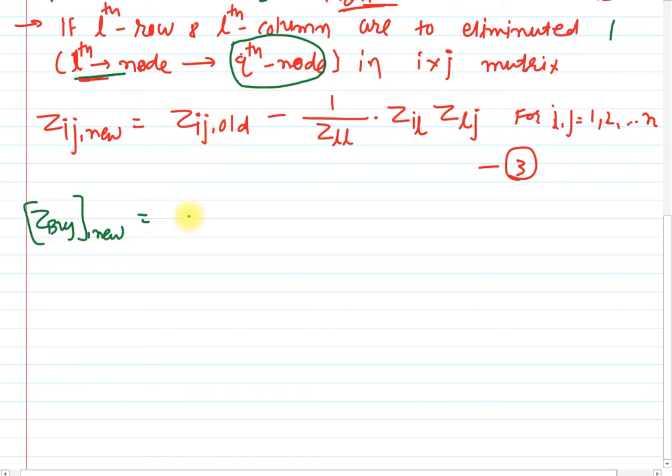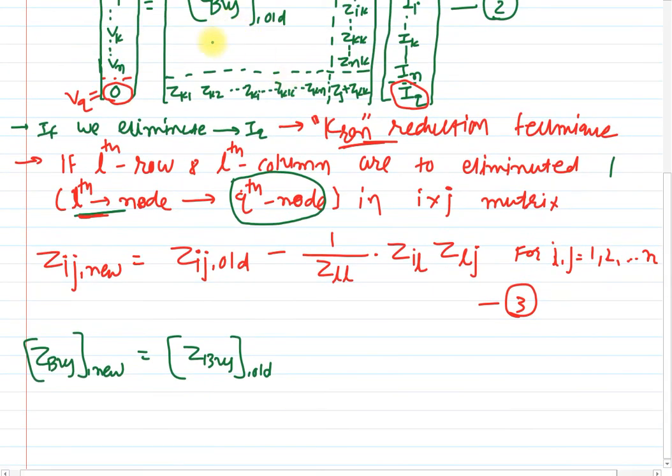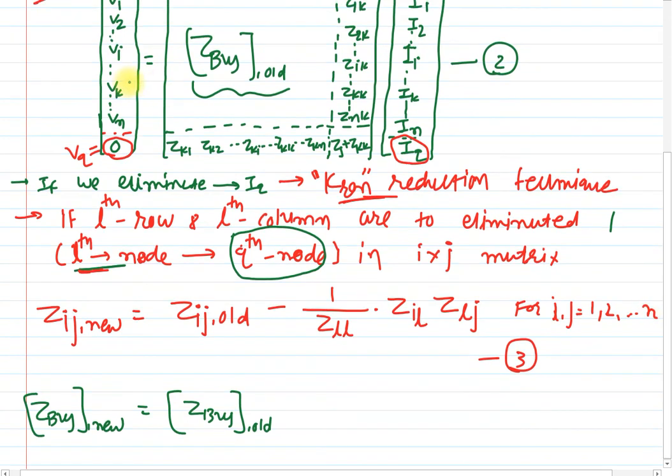In the same way I can write Z bus new is equal to Z bus old, which is already available with us in equation number 2, minus 1 divided by ZLL, the Lth node.